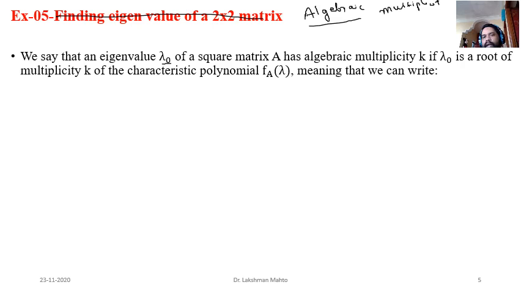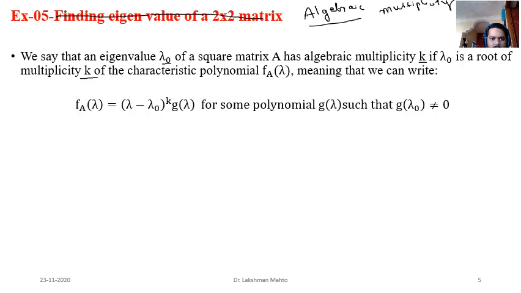Multiplicity is defined this way. Lambda naught is an eigenvalue of a square matrix A, and it has algebraic multiplicity k if lambda naught is a root of the characteristic polynomial with multiplicity k. That means when you write the characteristic polynomial of the given matrix A in terms of lambda, you factor it into two parts.